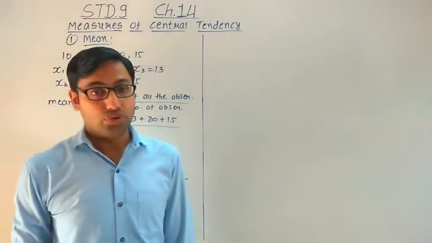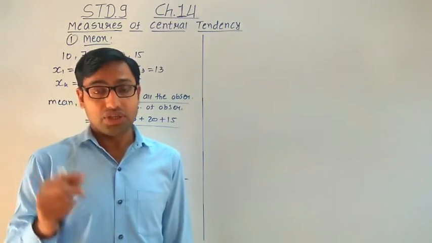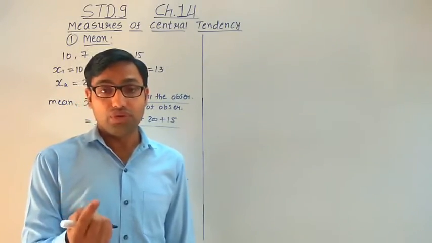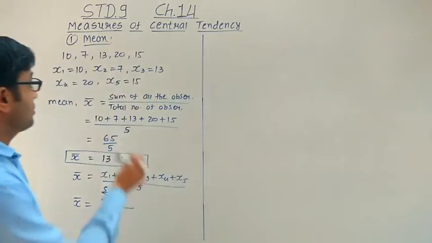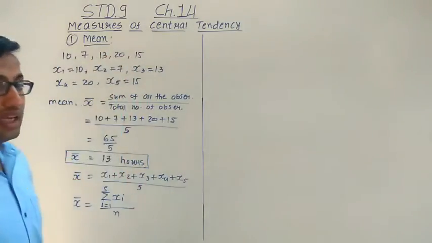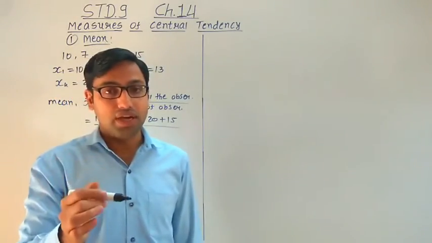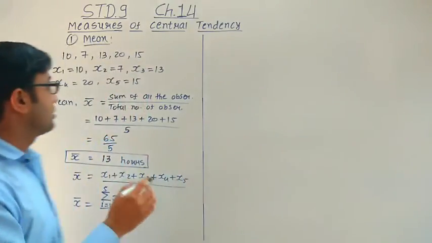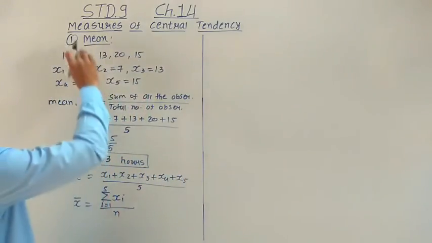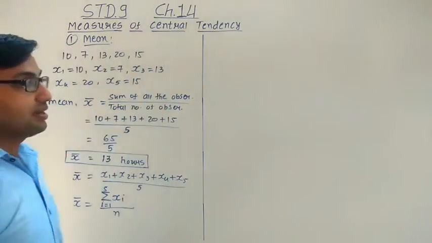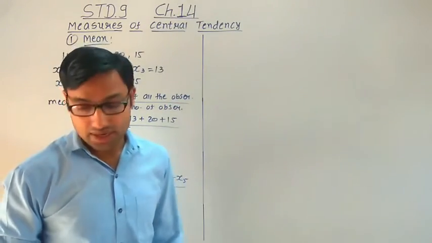No data is of value 1, 2, or 3. All the observations are around 30. That is why this mean is called the measure of central tendency, right?